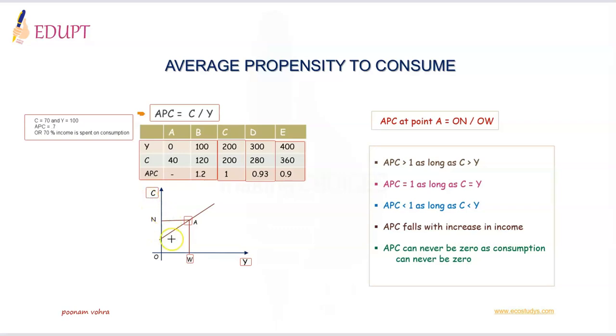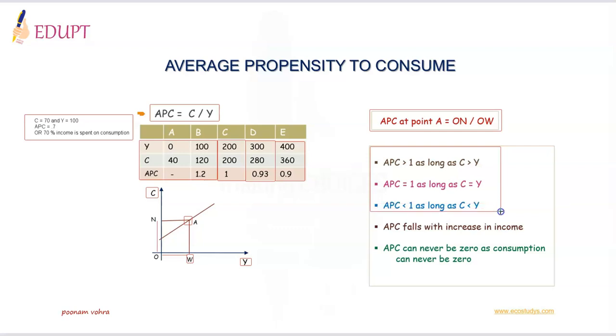So consumption is ON, income is OW. Average propensity to consume at point A would then be ON divided by OW. One needs to note that average propensity to consume is greater than 1 as long as C is greater than Y. It is equal to 1 as long as C is equal to Y.